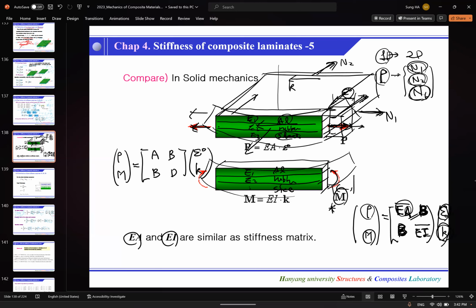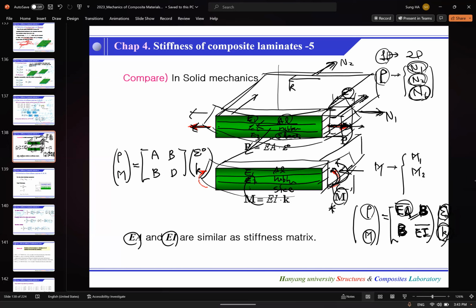Now moment is the same concept. We had only one moment, but if we have a plate like this, we can apply the moment in one direction, and then we can also load this way, moment 2, and then also we can twist. Twist is kind of difficult to visualize, but you can say this is a twist.